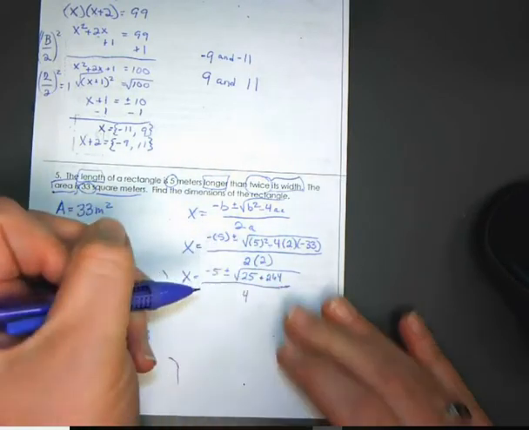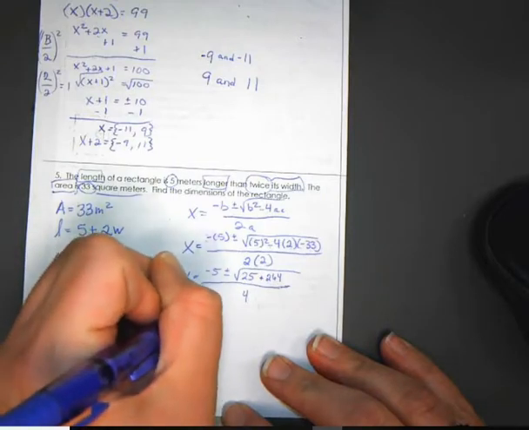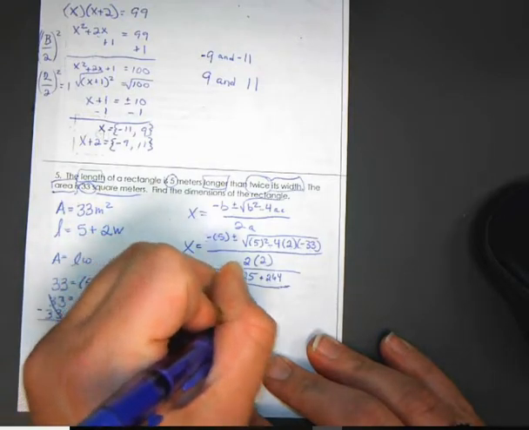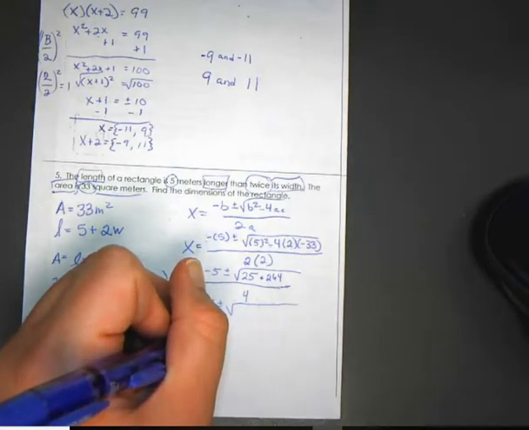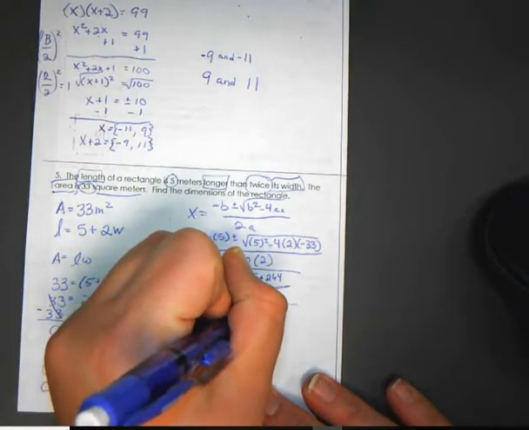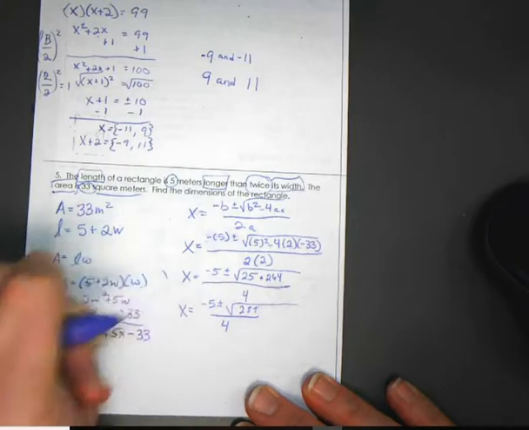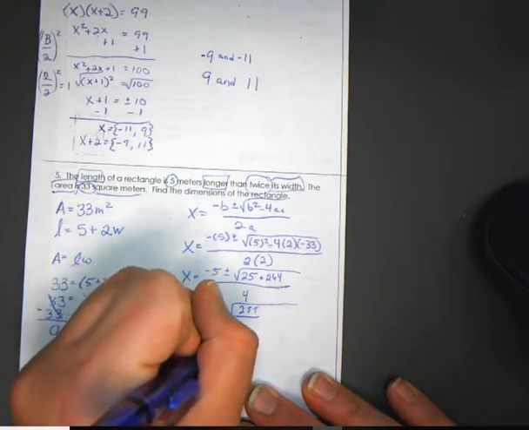All of that is over 4. X equals negative 5 plus or minus the square root. And when we simplify the radicand, it's going to be square root of 289 over 4. And the square root of 289 is 17.